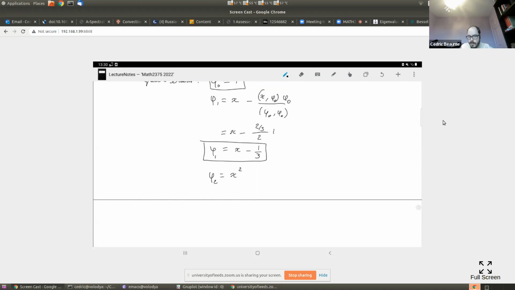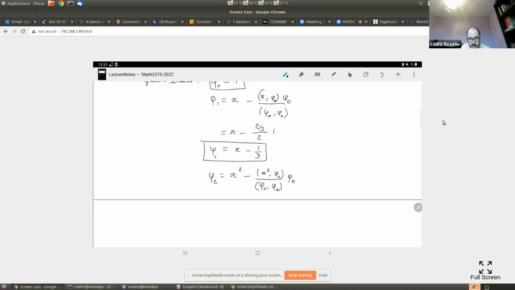But we want this to be orthogonal to all of the other functions that we've generated. So we need to have this orthogonal to phi 0 to start with. So that's x squared minus the projection onto phi 0. Remember, it's exactly the same stuff that we're doing here. We're taking out the projection, right?